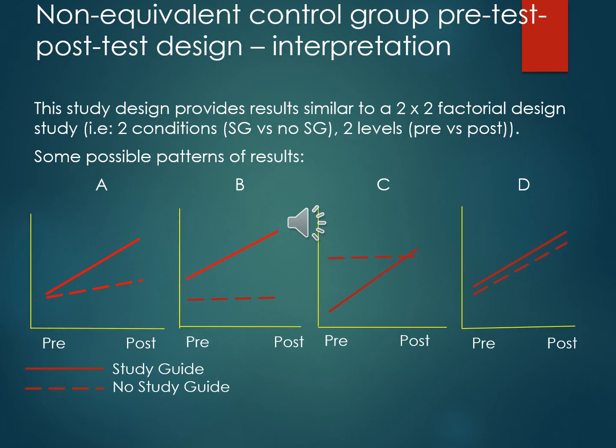So the non-equivalent control group pre-test post-test design, which is one of the quasi-experimental designs, can produce the following kinds of data. The data actually presented on this slide as A, B, C, and D. So let's look at this figure.